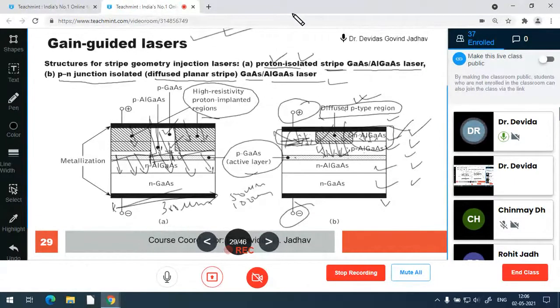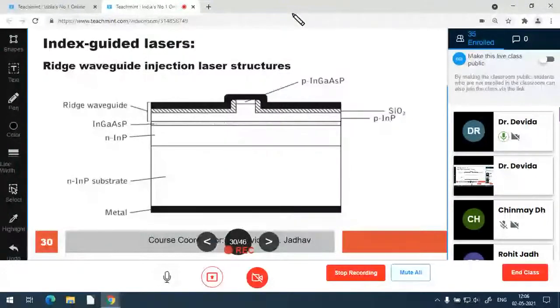But a very small diffused P region is created. Then only that diffused P region will have the forward bias condition, and only a small region will have the conduction of the charge particles. So these are the two techniques which are used for making this very small strip geometry, very small electrical flow.